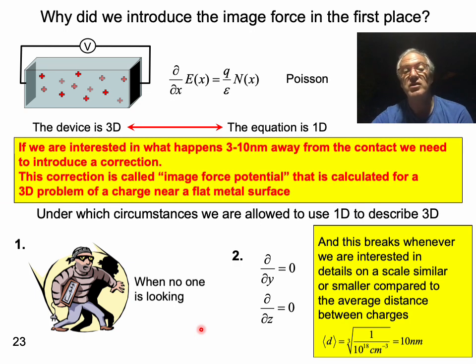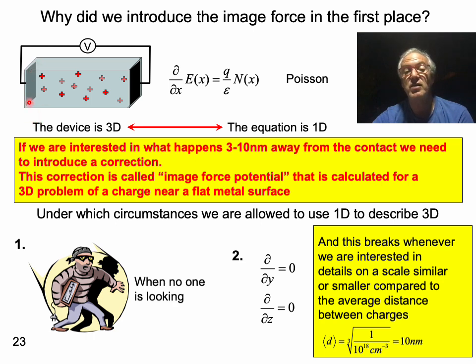So really, if we are interested in what's happening pretty close to the metal, and that's where the injection barrier is going to be, then we really need to account for these separated charges. So really, when we are using the image force potential, we are saying that we have a charge density that is not too high, and on the scale of the distance between the charges, the device is not uniform in Y and Z anymore.